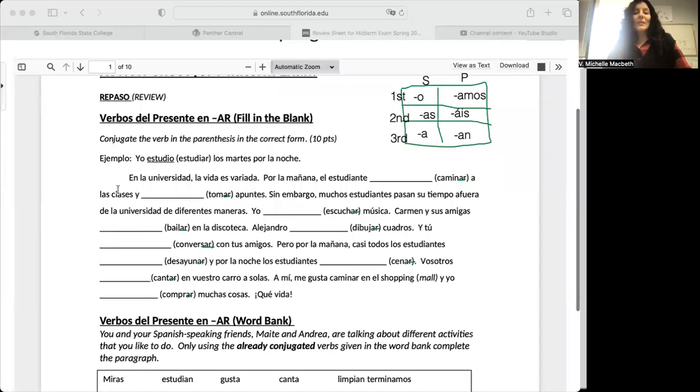As I read through, it says, en la universidad, la vida es variada. Por la mañana, el estudiante. Okay, the second thing I might do if I was doing this activity is find the subjects for each of these verbs. This is my subject. It's the same subject because the subject doesn't change.